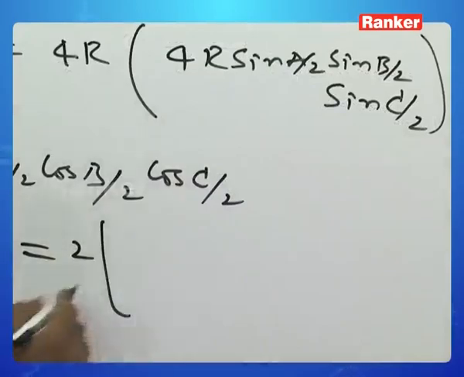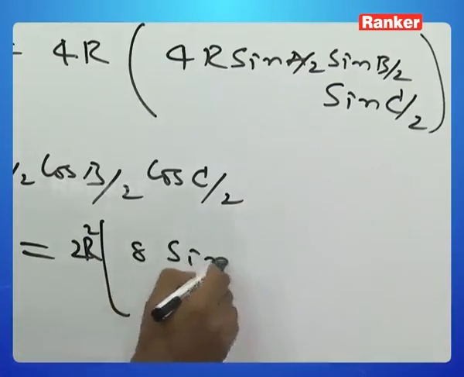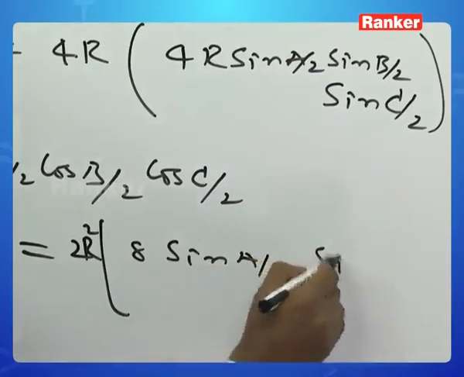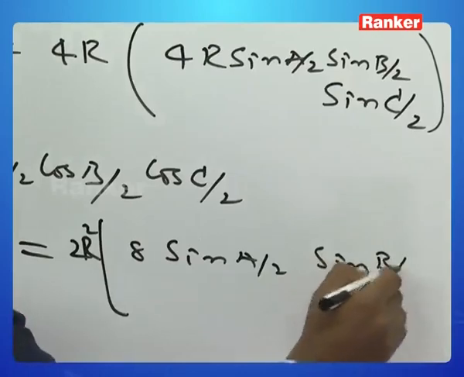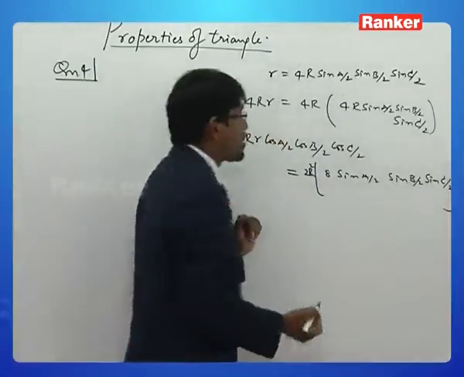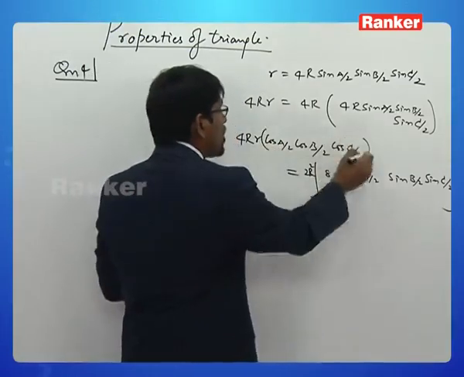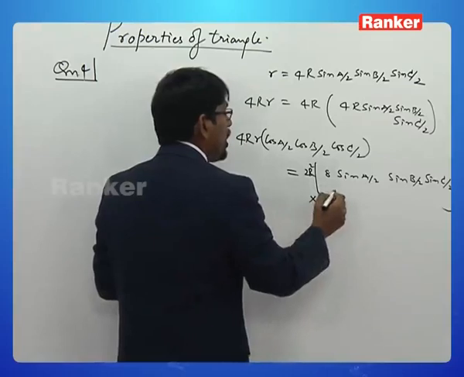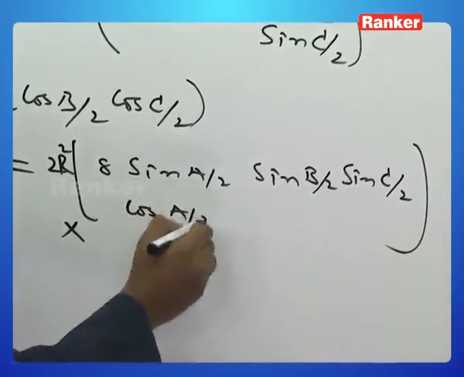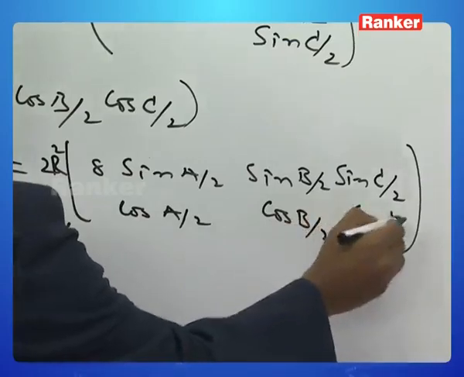We will write this as 2R square into 8 sin A by 2 sin B by 2 sin C by 2. I just further multiplied by this cos A by 2 cos B by 2 cos C by 2. So we'll have that cos A by 2 cos B by 2 cos C by 2 here.